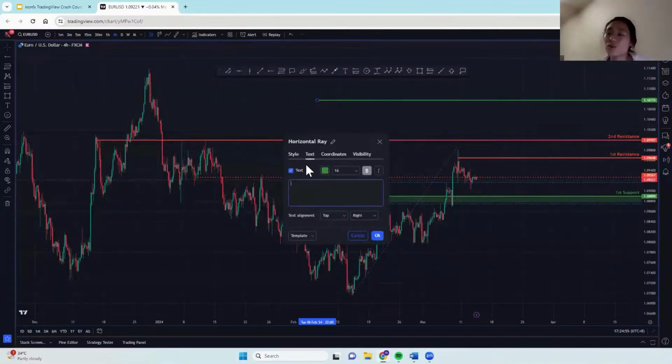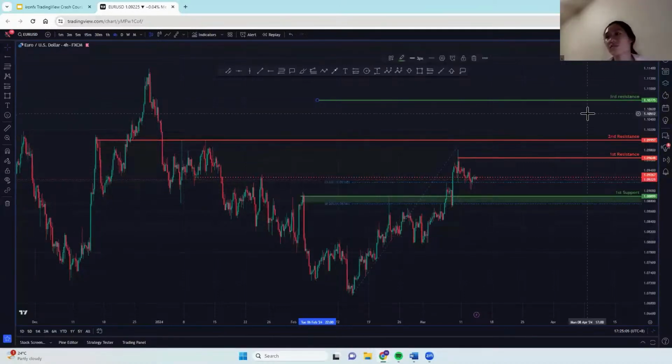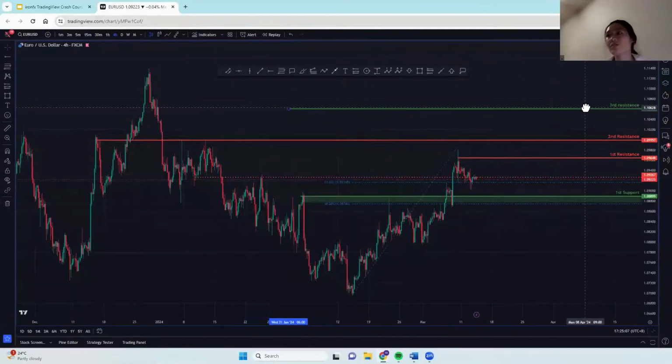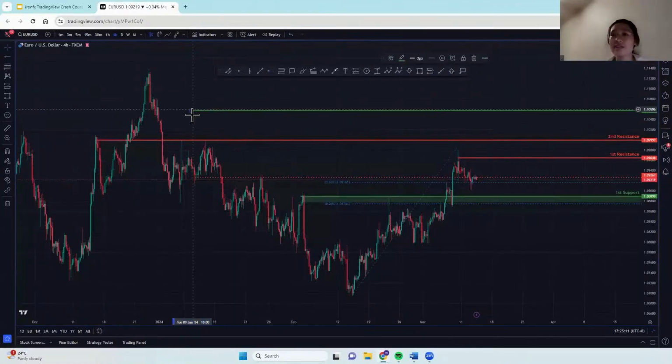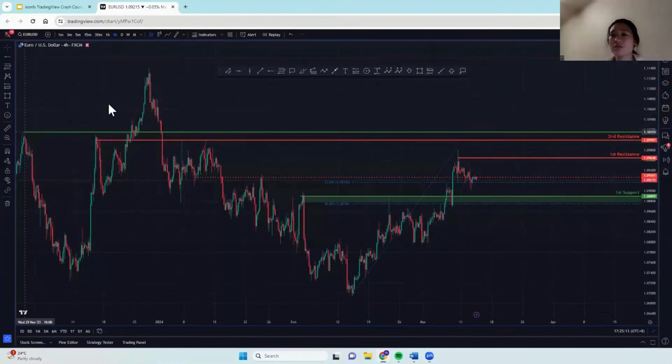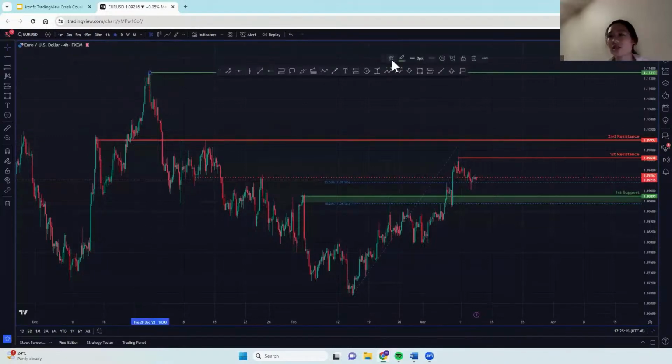You can change the color as well, and then my text here would be third resistance. So it's popped up here. So every time that I want to have a third resistance, for example, here, I just have to click on this.